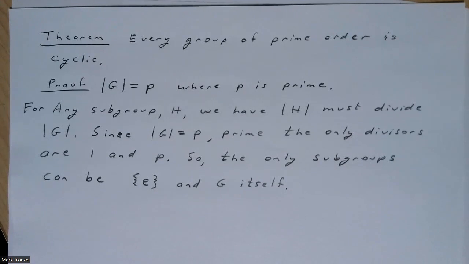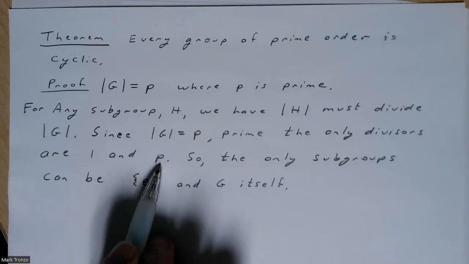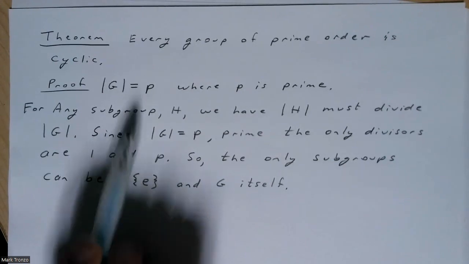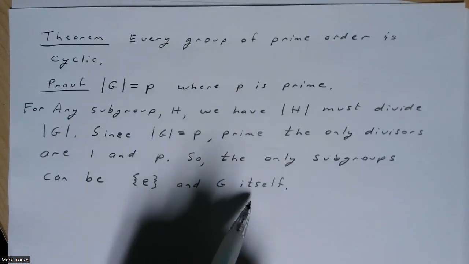Because if you're going to have a subgroup that has the same number of elements as the group, and since it has to be a subset, it can only be G itself.